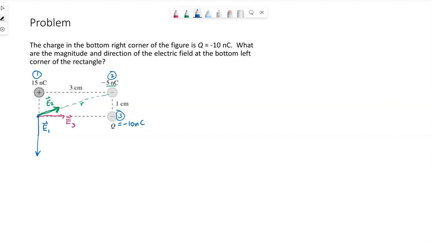So we were trying to find the magnitude and direction of this overall electric field, meaning we need to add together all 3 of these electric fields, figure out what the electric field is at that location. Magnitude means just the strength of the electric field overall, and direction means what angle does it point at.